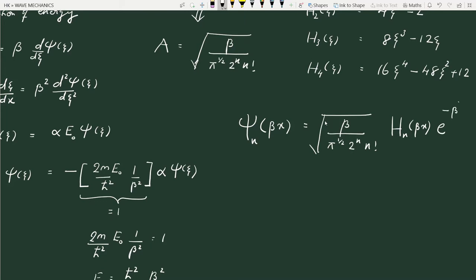What is theta square? Beta square x square, for n equal to 0, 1, 2, etc. These are the energy eigenfunctions. You can see that the eigenfunctions are quantized.